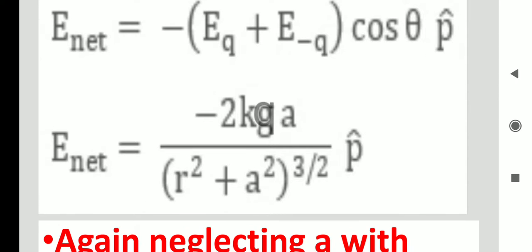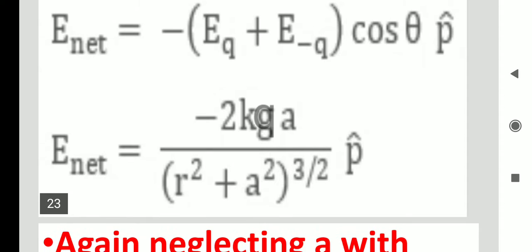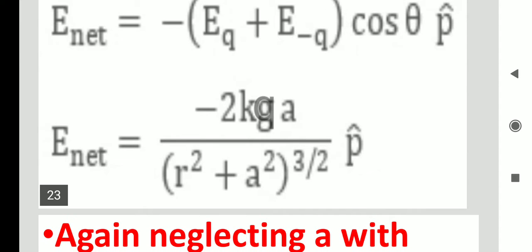After simplification, evaluate yourself, you will find the answer: minus 2kqa by (r square plus a square) to the power 3 by 2 into p cap.